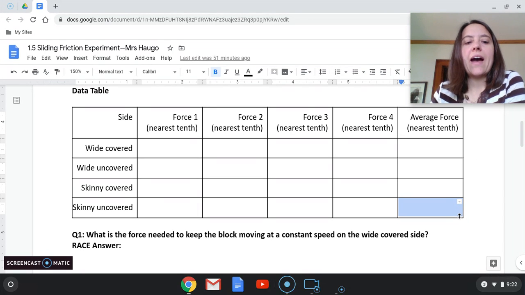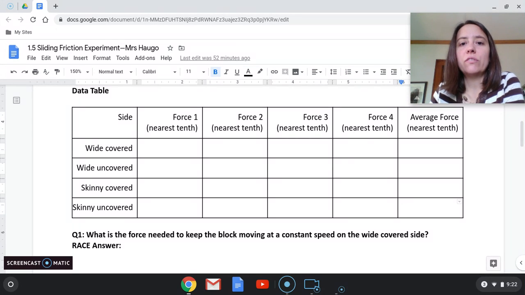So when we look at wide covered versus skinny covered and wide uncovered versus skinny uncovered, again, the question you need to ask yourself is, are those numbers very close to each other or are they very different from each other? And so if they are pretty close to each other, then we will know that the area of surface does not make a difference for the force of friction, or the force of friction does not depend on the area of surface.